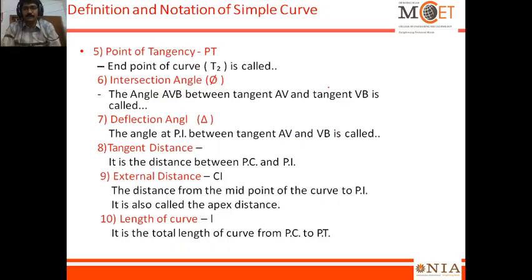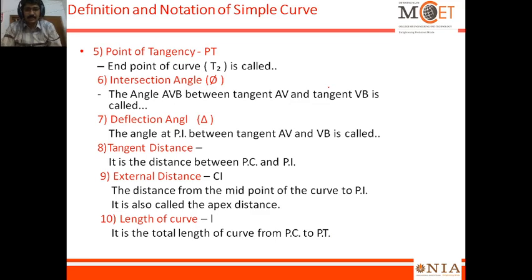Intersection angle phi: the angle AVB or AIB between tangent AI and tangent IB is called the intersection angle. Deflection angle: the angle at the point of intersection between tangents is called the deflection angle. Tangent distance is the distance between the point of curve and the point of intersection.